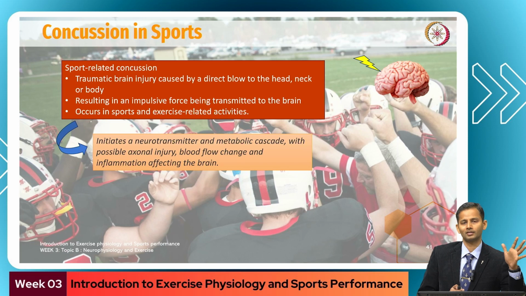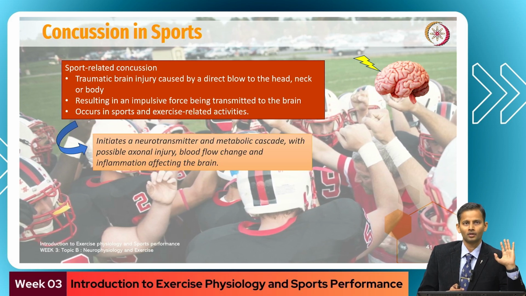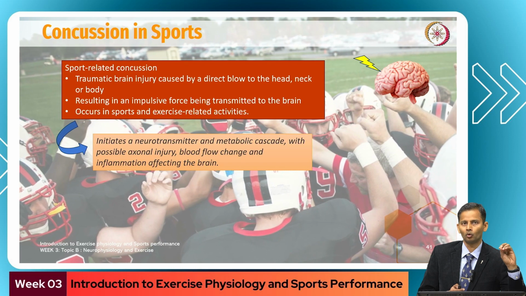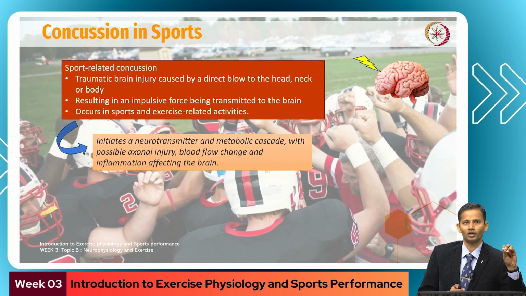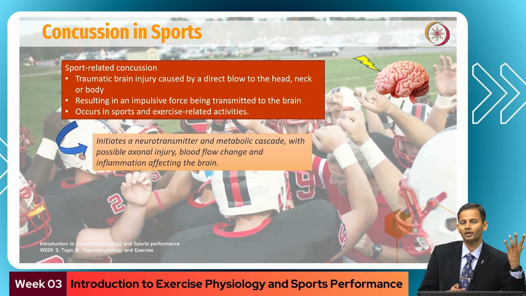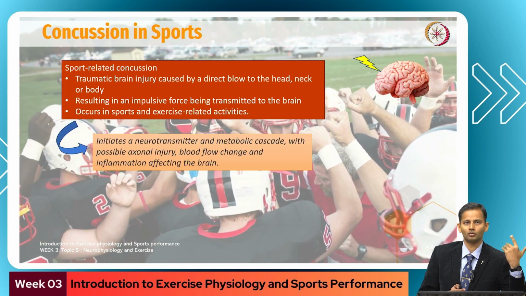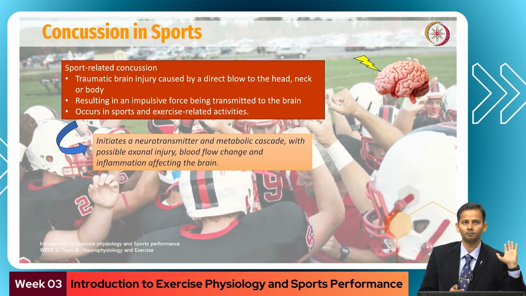So what is concussion? Sports related concussion is a traumatic brain event which happens in a sports related activity, either by a direct blow to the head, neck or body, or by an impulsive force transmitted to the brain.